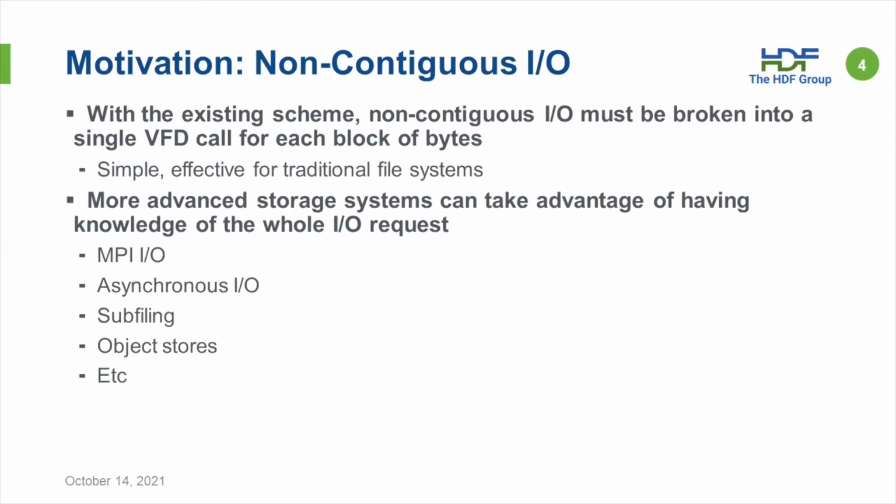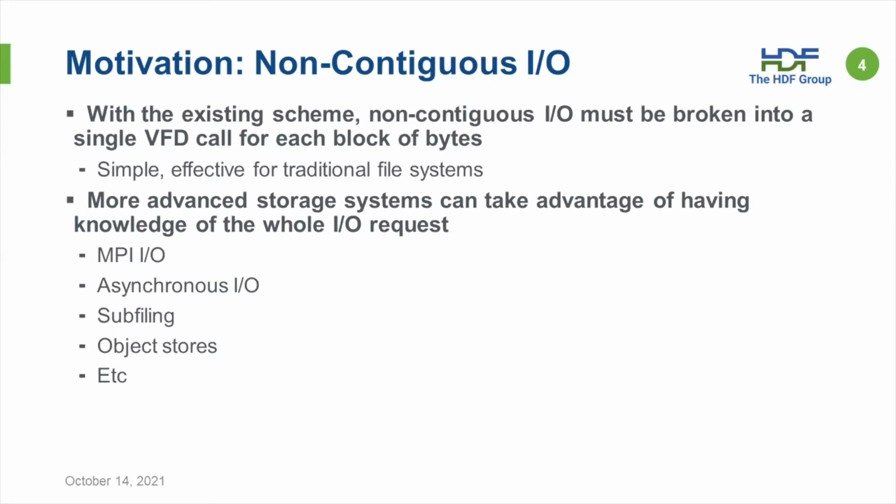Also for subfiling, which is a feature where we break the HDF5 file into multiple files that are stored on different targets, that gives the file driver more information about how to split up the IO requests and send them to the different targets.